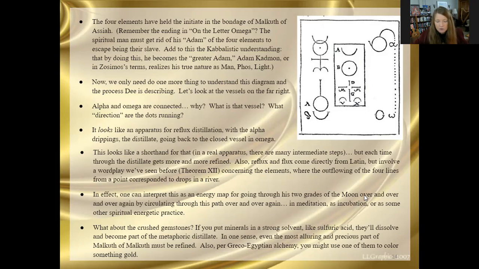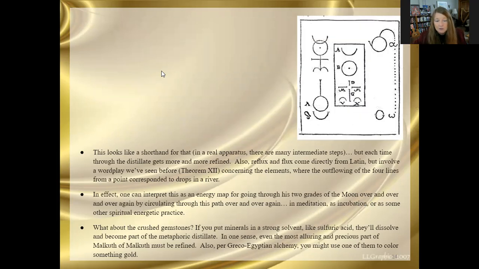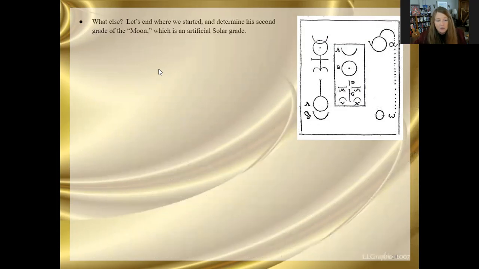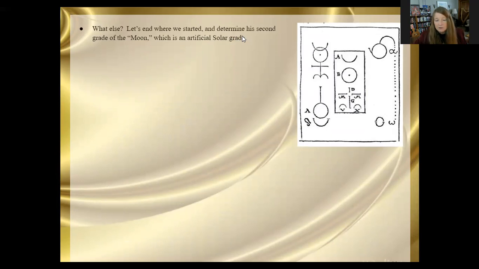Also, per Greco-Egyptian alchemy, you might use one of them to color something gold, but more importantly, you yourself are becoming gold. All right, so these are the things that we will do to determine his second grade of the moon, which is an artificial solar grade.